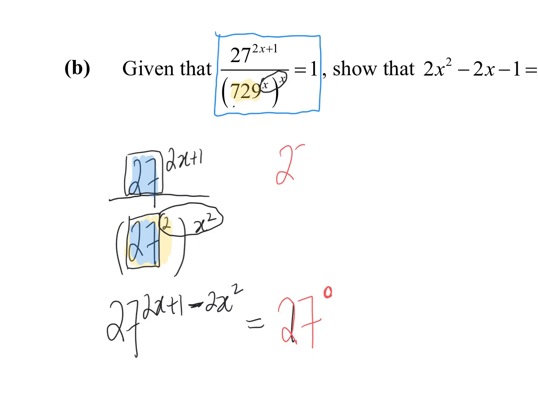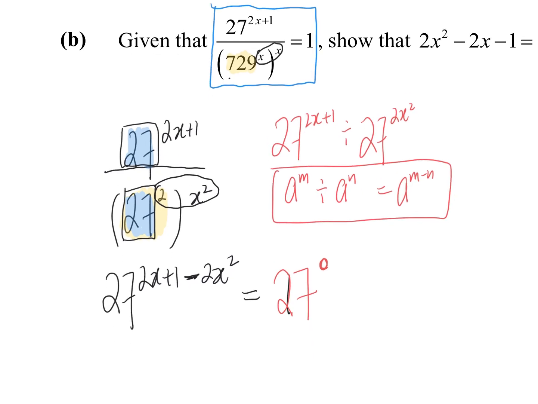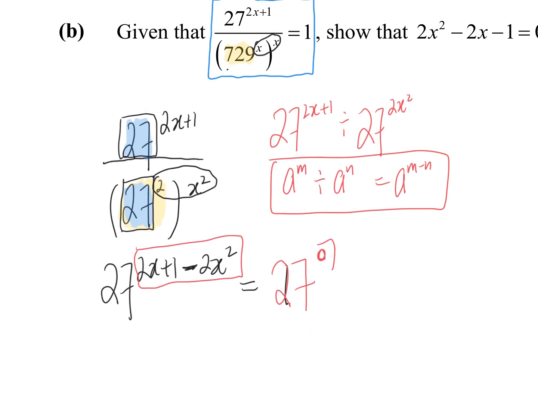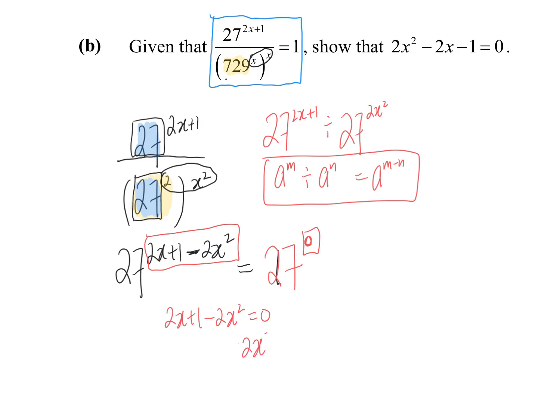I'm just doing m minus n, so I'm using this rule. Once you have that, this is equal to 0. You rearrange, you get the equation you want. So 2x squared, then shown.